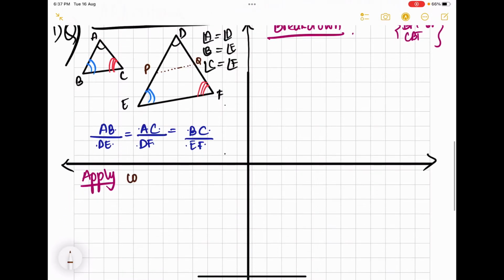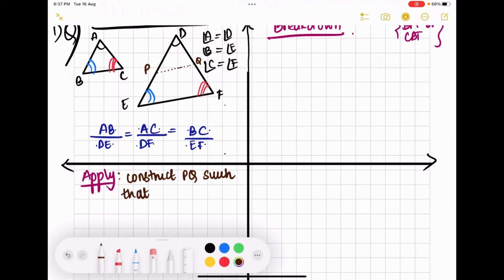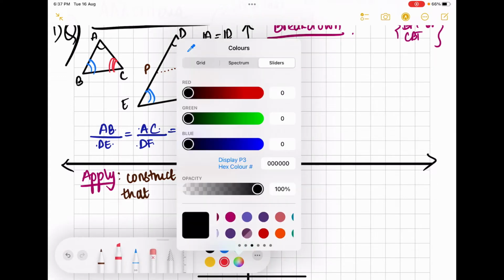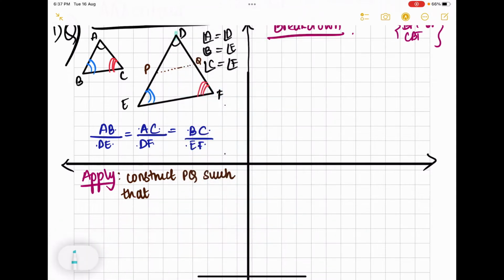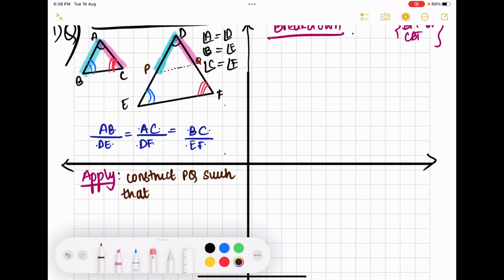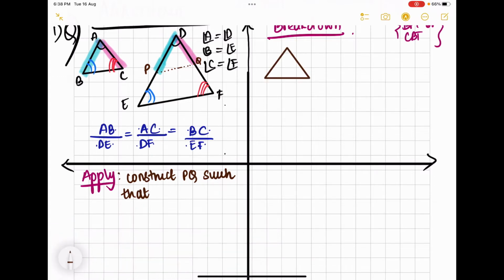Let's write down: construct PQ such that DP will be equal to AB and AC should be equal to DQ. Let me break it down. We have ABC and we will have DPQ.